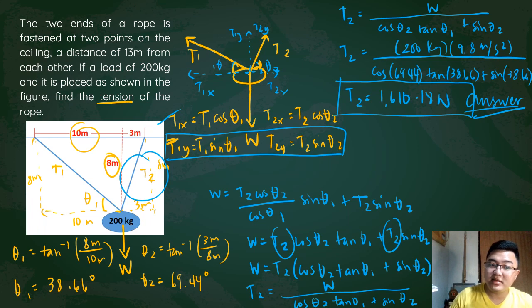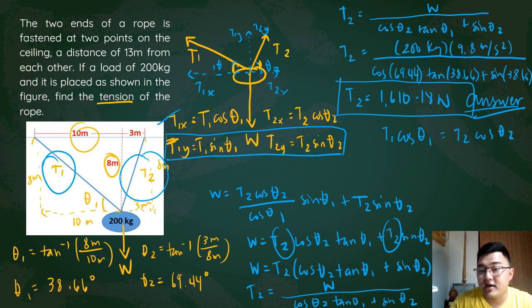Now we're not yet done because we need to solve for T1 as well. And remember earlier, we have an expression for T1. If you remember one of our equations earlier, we know that T1 cosine theta 1 is equal to T2 cosine theta 2, right? Because all of these x components are equal to each other since they are the only forces and they are opposite.